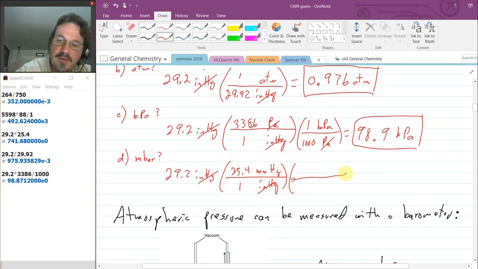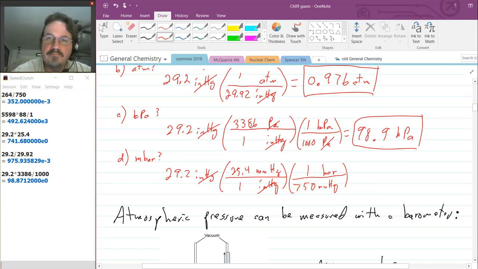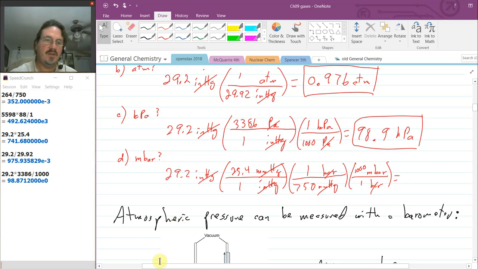And then from millimeters of mercury to bars, there are exactly 750 millimeters in 1 bar. Again, that's from those conversions and the tables. And now they want millibars, and so bars to millibars, there's 1,000 millis in a bar. So put your equal sign and we can finally do this one.